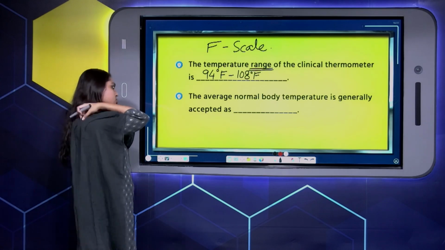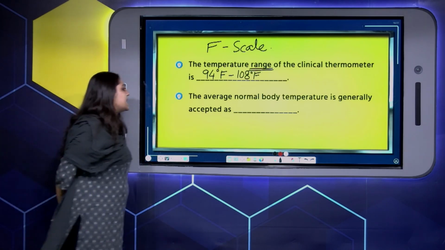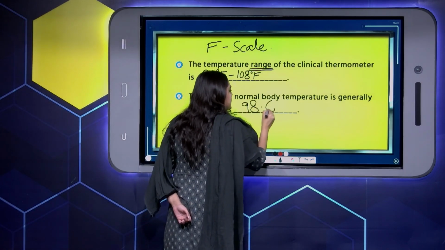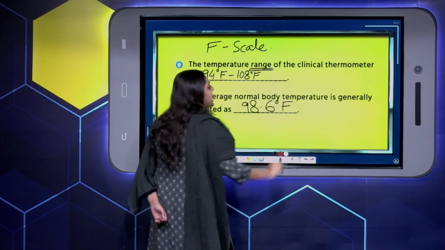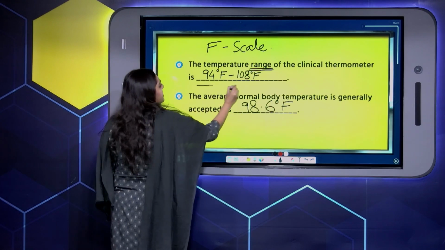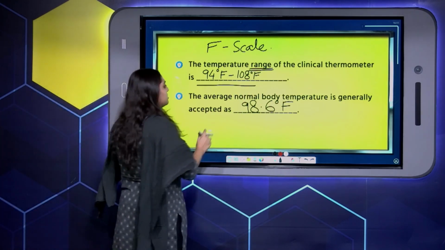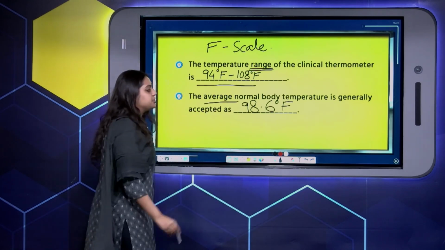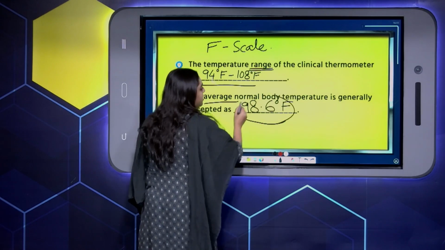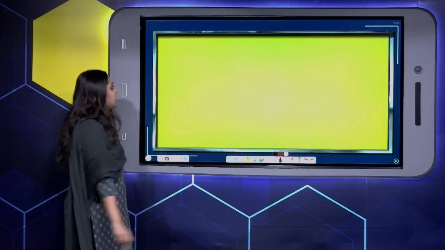And the average normal body temperature, you know this? It is 98.6 degree Fahrenheit. So, for Fahrenheit scale, the range is from 94 to 108 degree Fahrenheit, and the normal average body temperature is 98.6 degree Fahrenheit.